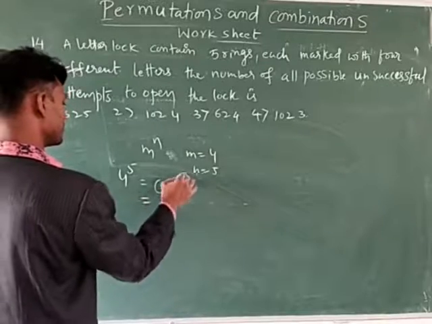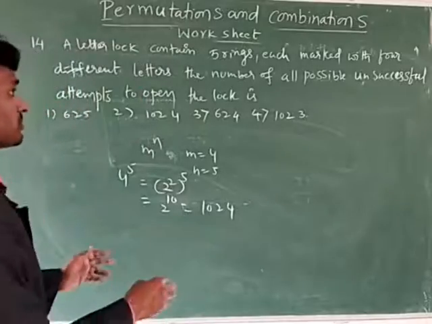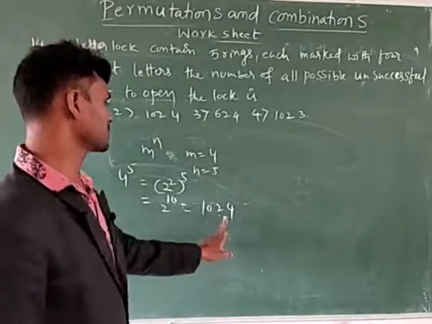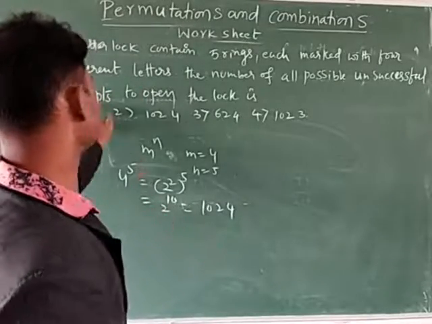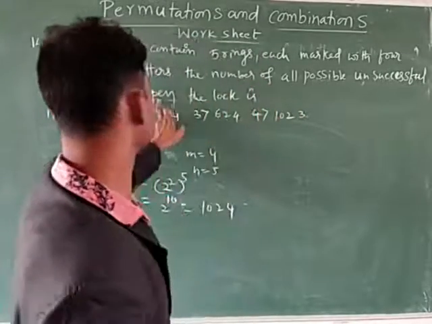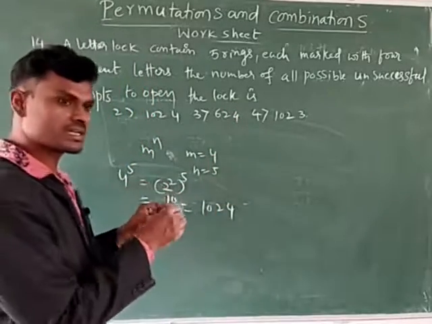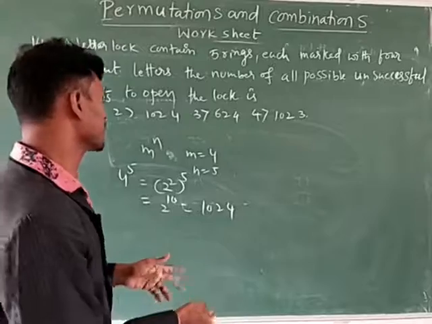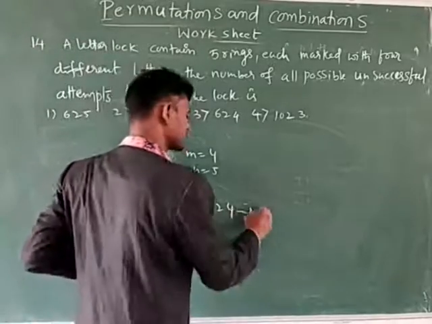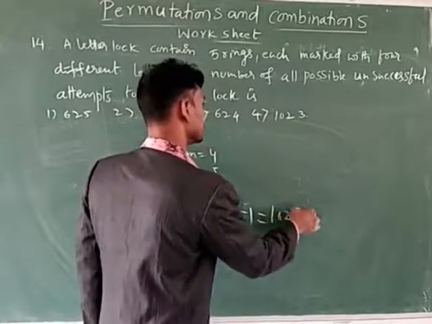Then 2 power 10. 2 power 10 means 1024. But see here, total number of ways is 1024 ways. Here, all the possible unsuccessful attempts. Here one correct number is there. That correct number, if you choose it, it will open the lock. That one is success, you have to subtract, means remaining all are unsuccessful: 1023. This is the fourth one.